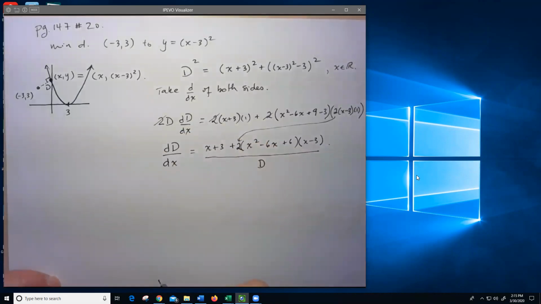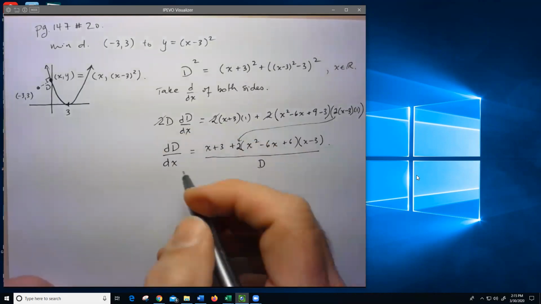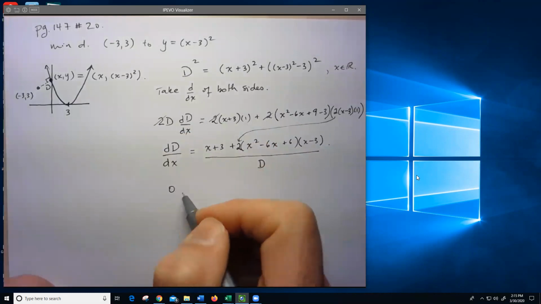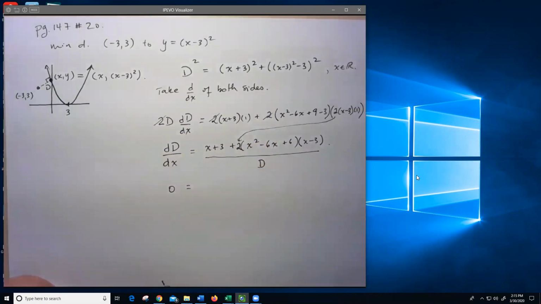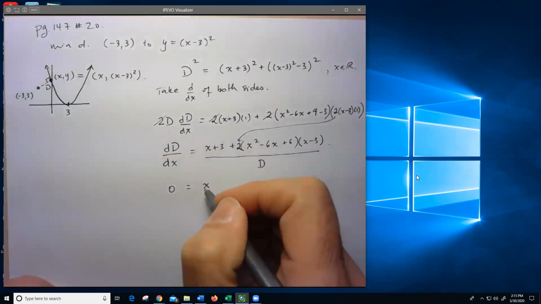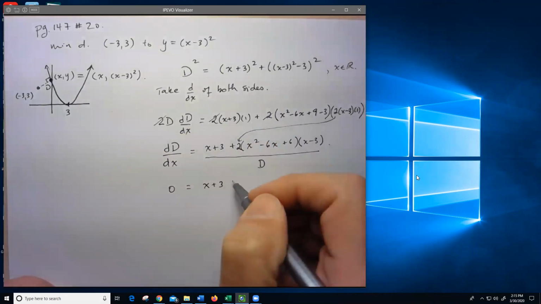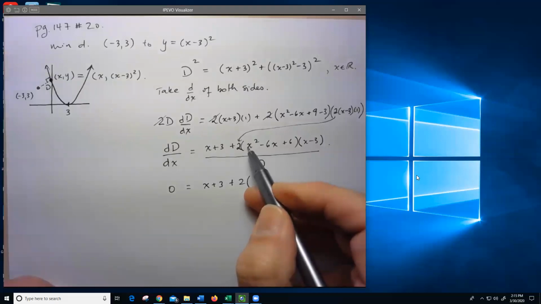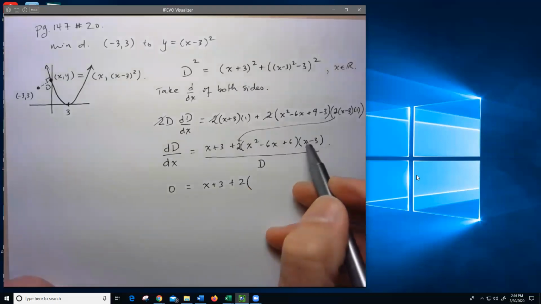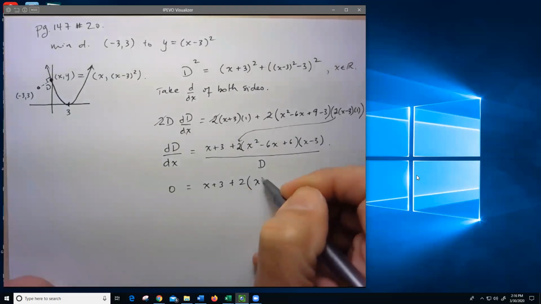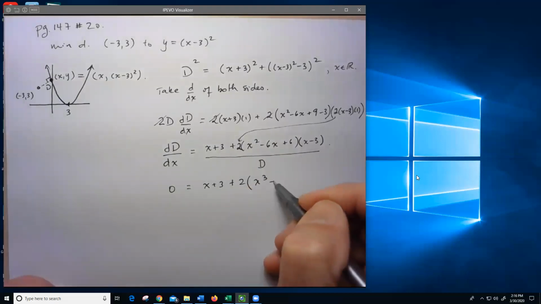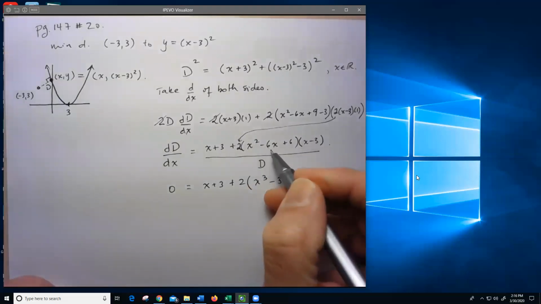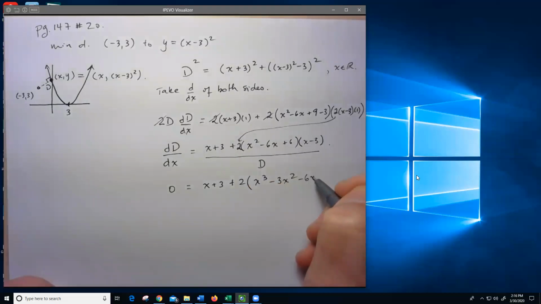All right. So let's continue going here. So I want to set this derivative to 0 because I'm looking for my critical points. So here we have x plus 3, and then here we have 2 times. So let's do this real carefully. We've got x cubed, okay, and here we have minus 3x squared. Then we have minus 6x squared.